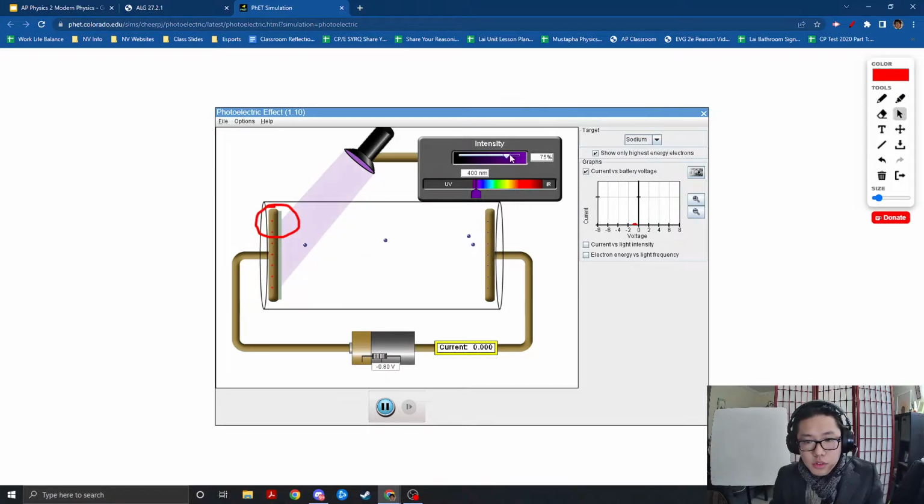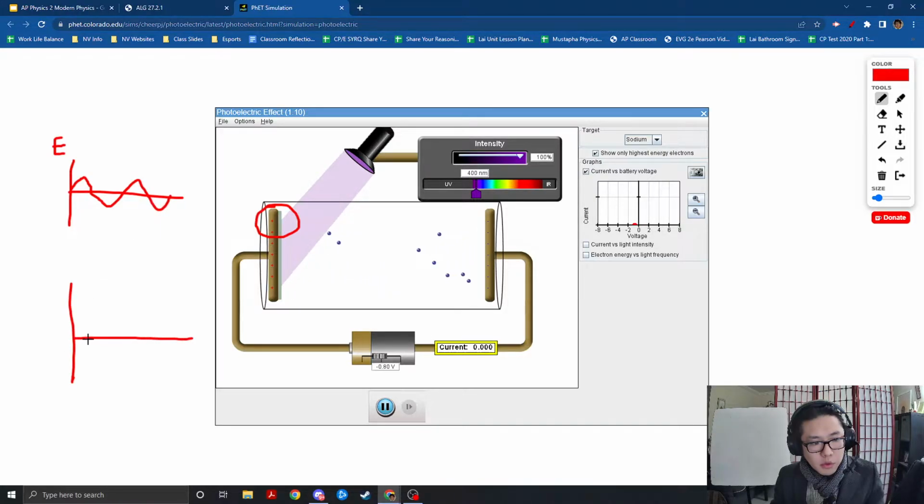I'm going to increase the intensity here, but we can see there is still no current. So we are not actually adding any energy via intensity. The increase in amplitude of our electromagnetic wave, so if this was our electromagnetic wave at 50% intensity, and this is our electromagnetic wave at double that, with double the amplitude in our wave, we can see there is no increase in the amount of electrons being ejected.